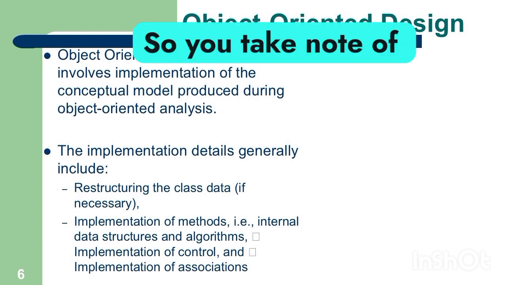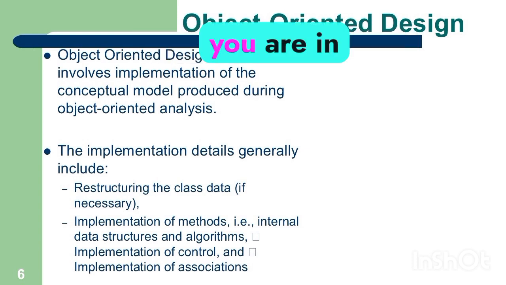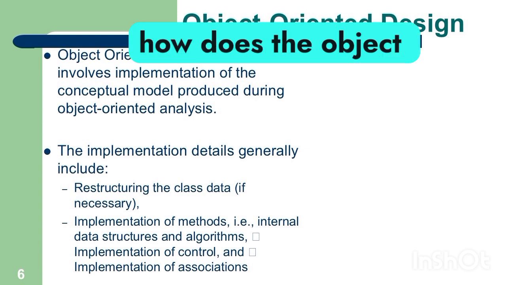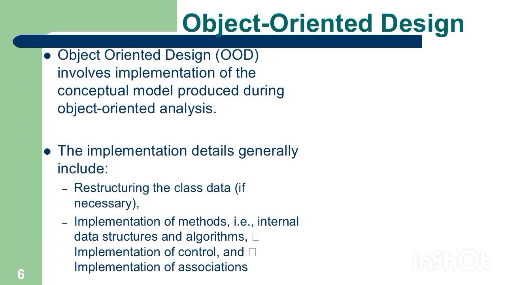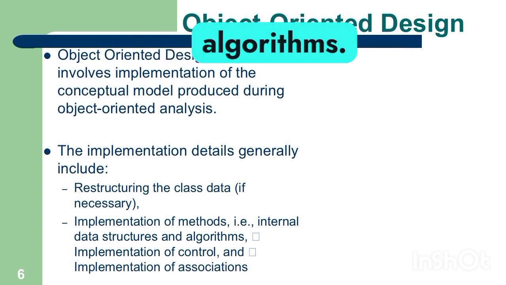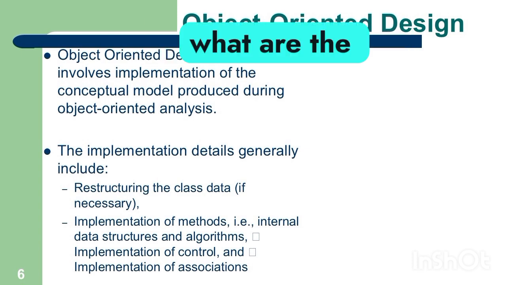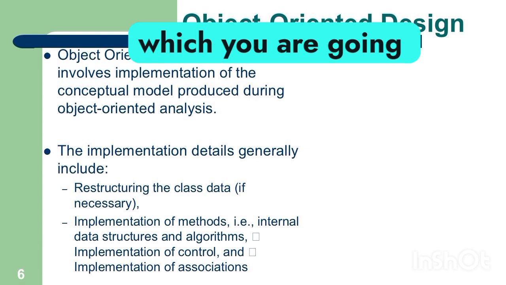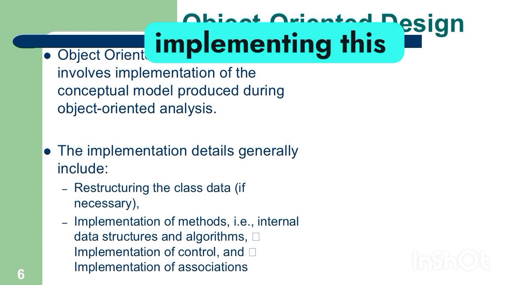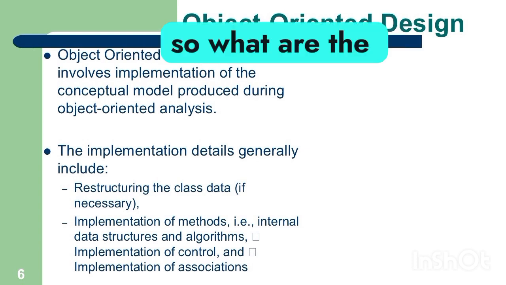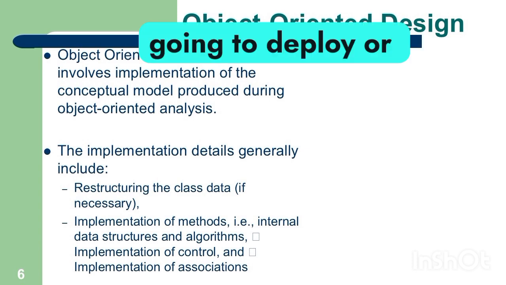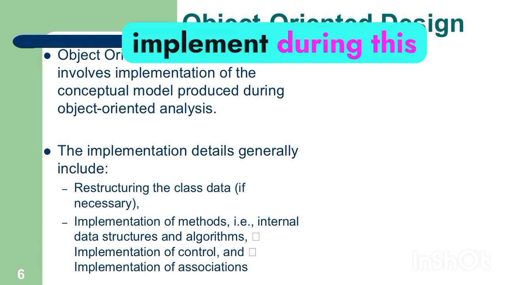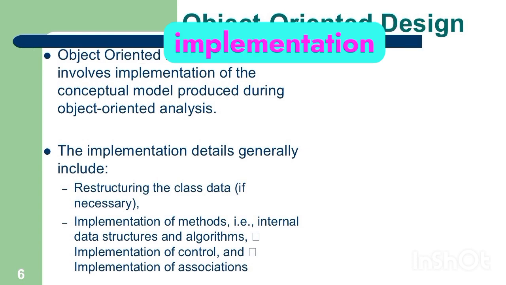So you take note of the internal structure, how the objects interact with each other at the internal level. Coming down to the algorithms: what are the processes you are going to follow in implementing this? What are the control measures you are going to deploy or implement during this implementation?